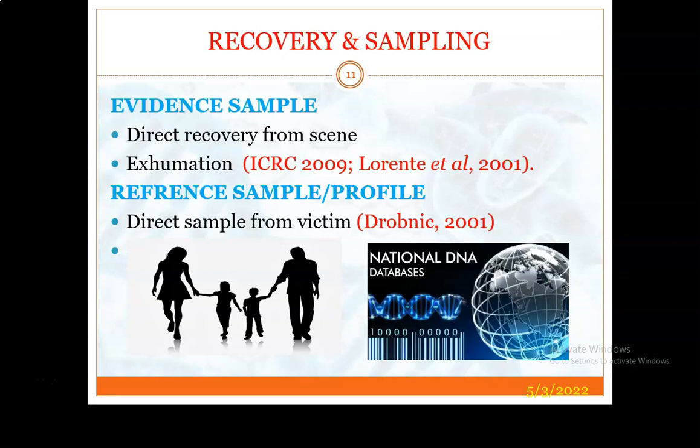Then also sampling from relatives, especially close relatives like the father, the mother, the children. If these samples are not available, then you can fall on longer distance relatives like siblings, the grandparents, etc. But normally close relatives are preferred.